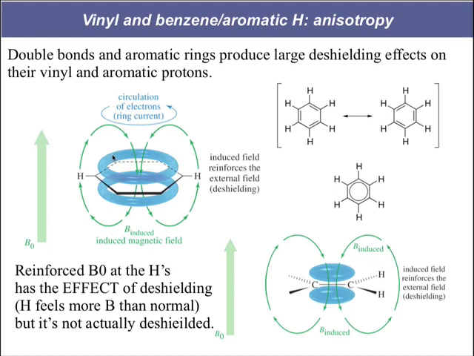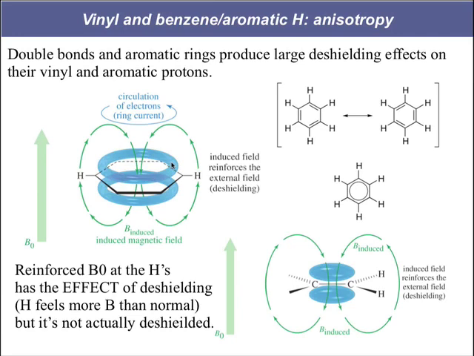Remember that in a benzene ring, we've got this conjugated aromatic system that allows the electrons to move around the ring. That conjugated system of all these overlapping p orbitals allows electrons to move around the ring.